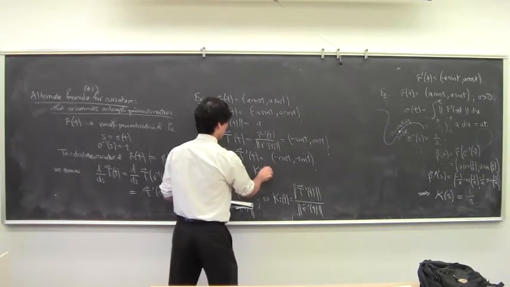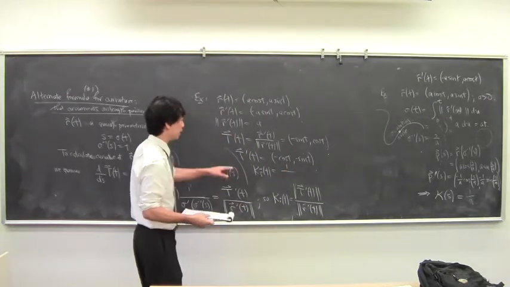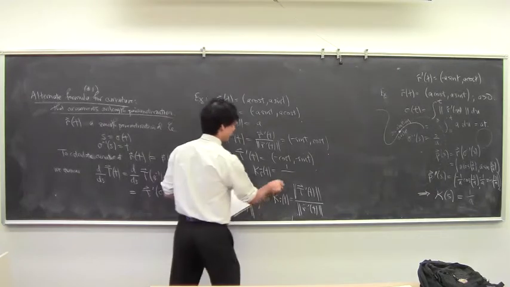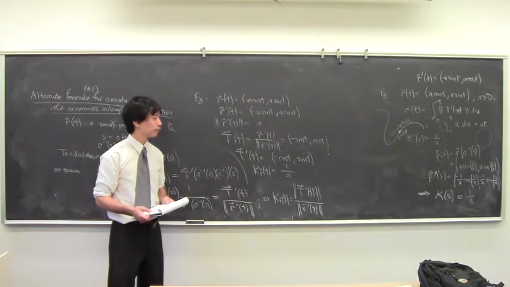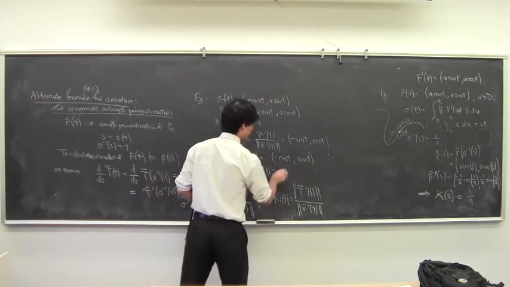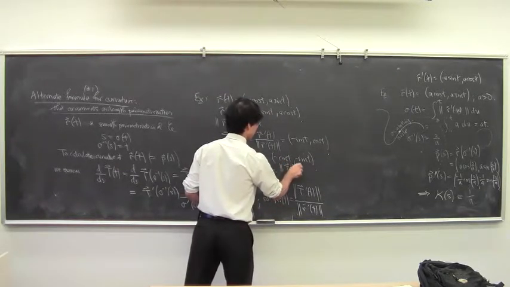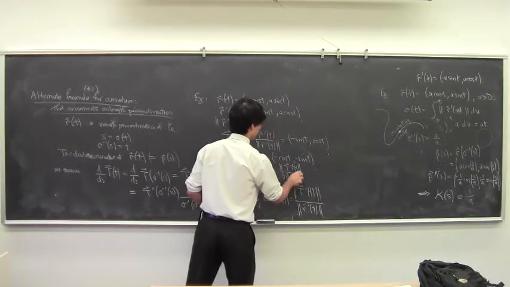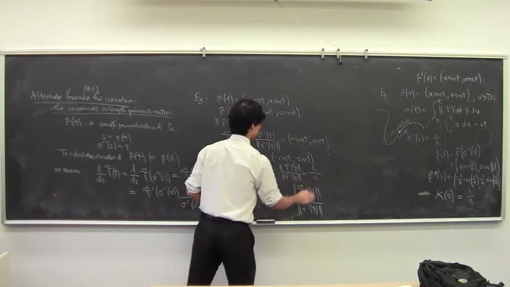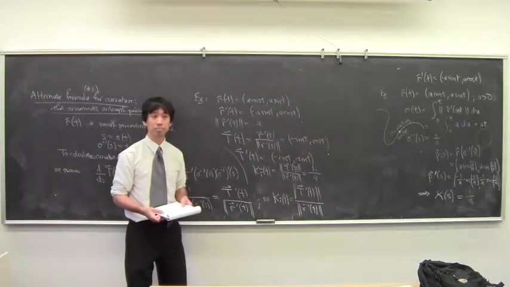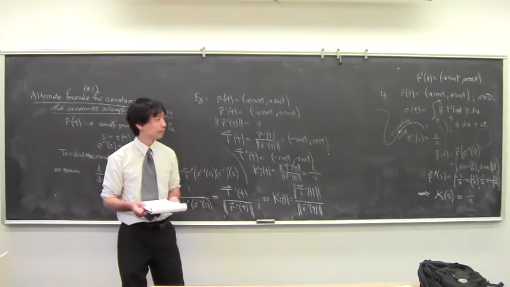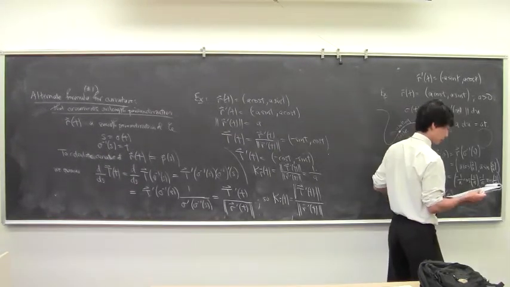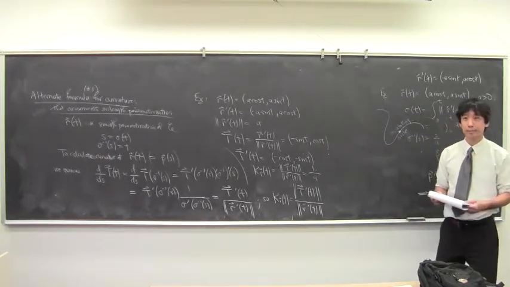So the curvature at time t is going to be 1 over the magnitude of the velocity vector, which is a. So you get 1 over a. Any questions?